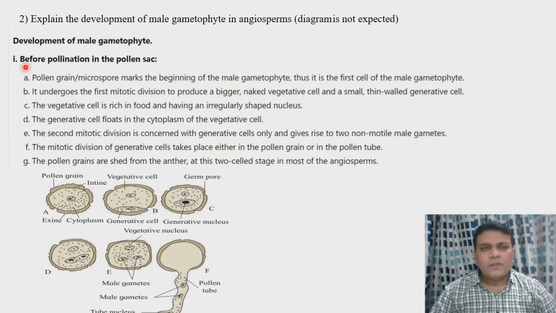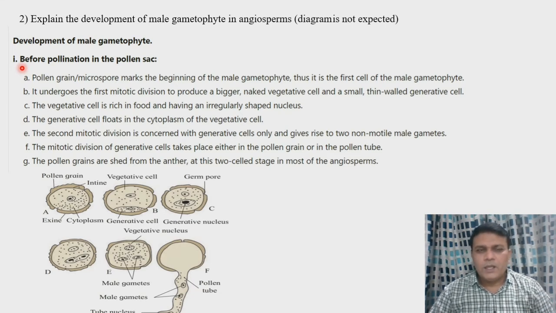So first we will see the development of male gametophyte before pollination in the pollen sac. Now these are the 2 points, that is development before pollination and development after pollination. Each main point carries 1.5 mark. So the development before pollination in pollen sac carries 1.5 mark.